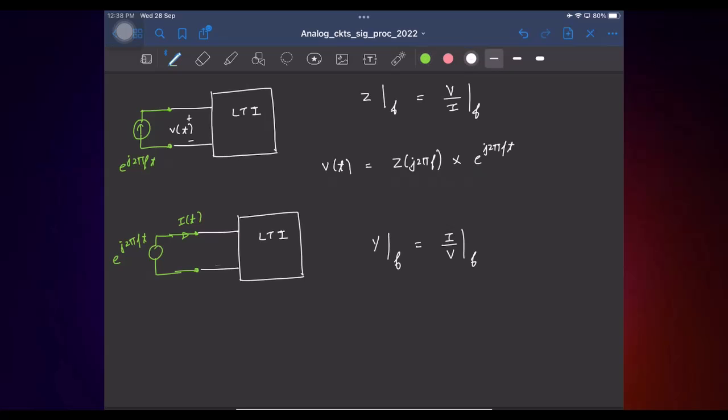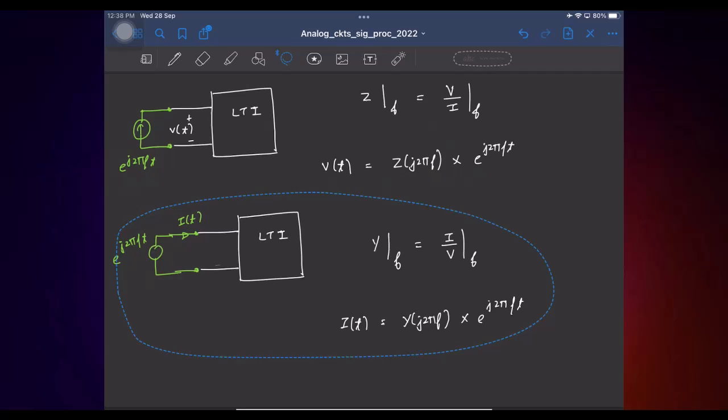And if the admittance is Y of j 2 pi f, the current will be this times e power j 2 pi ft. So for finding the impedance, you apply a current, find the voltage, take the ratio, that will give the impedance. For finding admittance, you apply the voltage, measure the current, take the ratio, that's going to give the admittance.